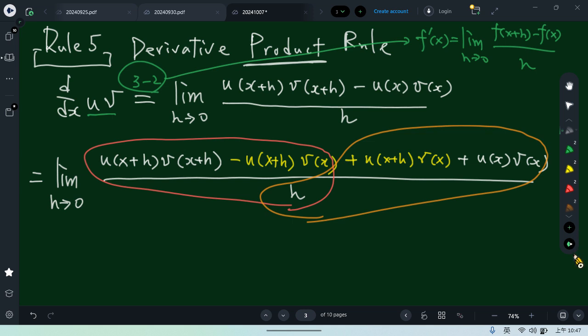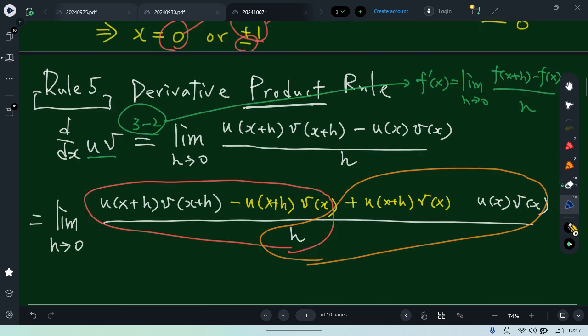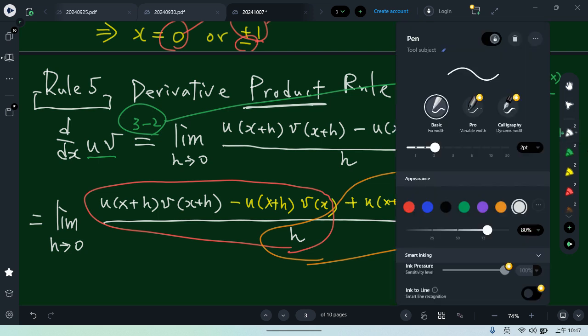Okay, let's try to find the eraser. Okay, here. Yes, correct. So, okay.